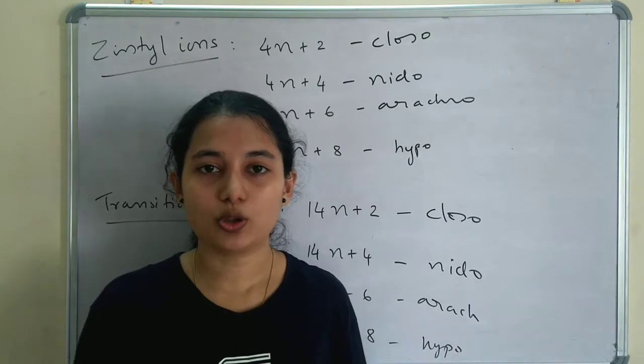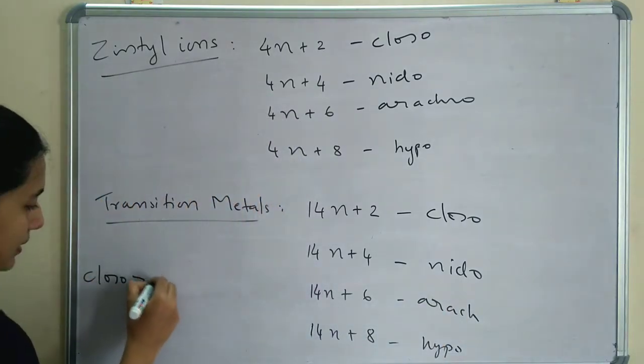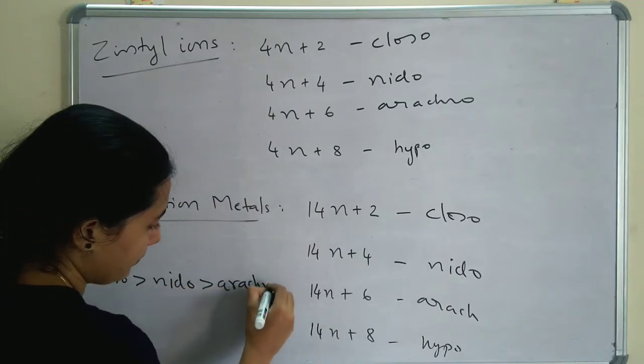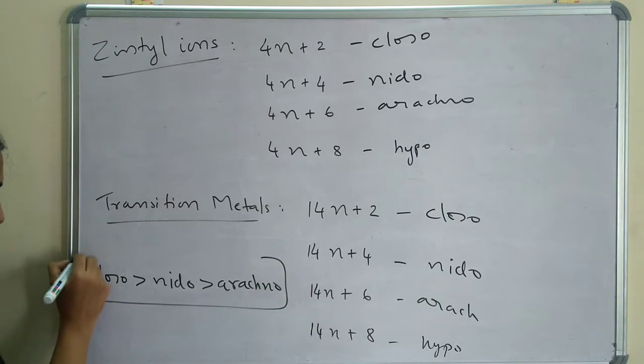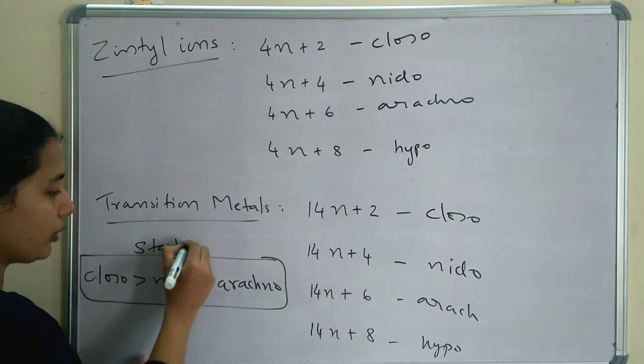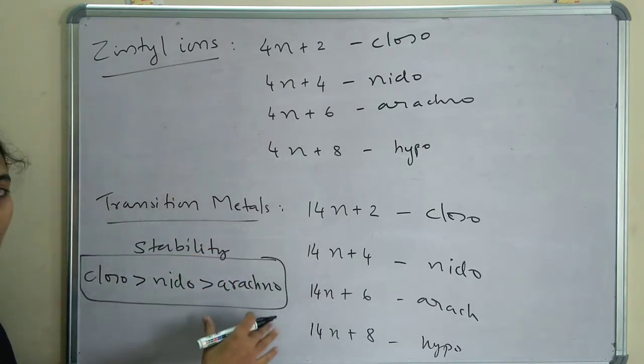And the stability order of boranes is Closo greater than Nido greater than Arachno. So Closo is more stable than Nido and Arachno.